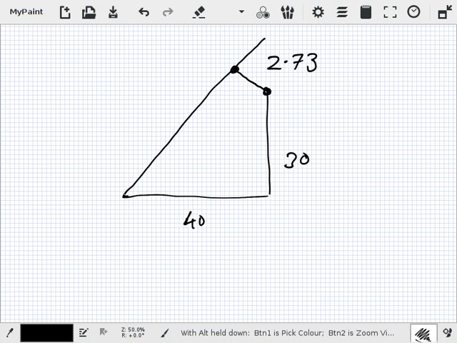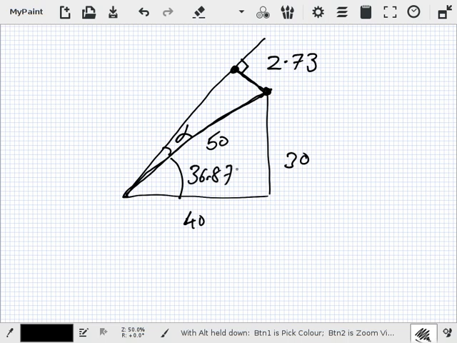We know this distance I just drew is 50, and that this is a right angle, and this is 2.73. We really want this angle, and we know this angle anyway. What was it, like 36 or something?